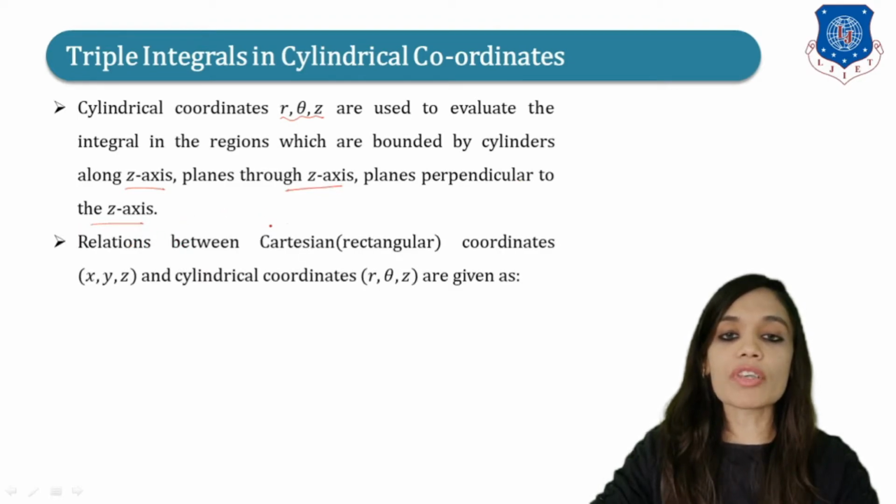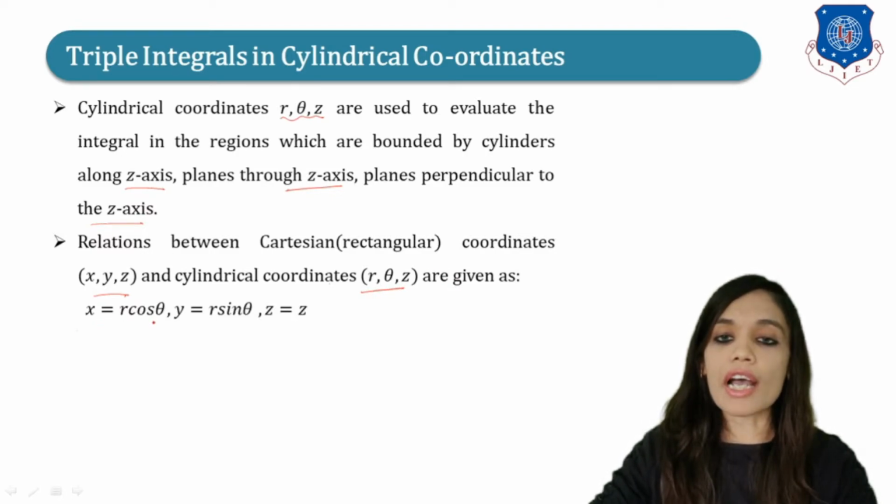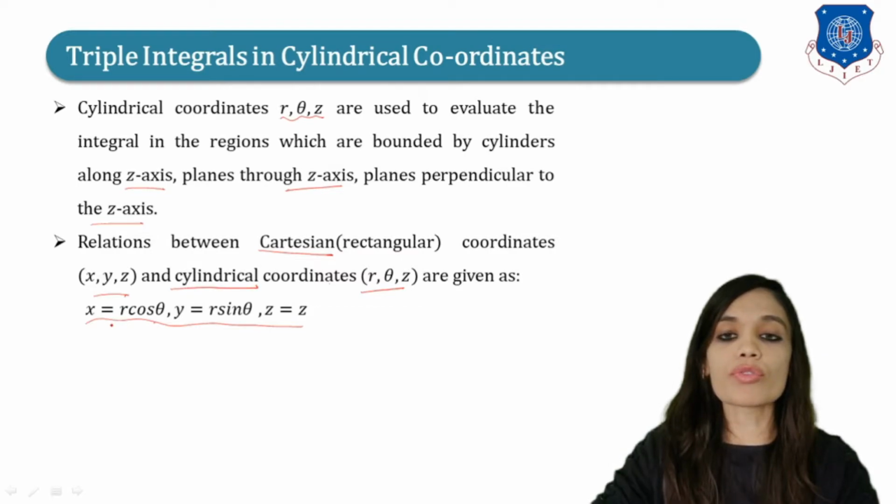The relations between the Cartesian coordinates x, y, z and the cylindrical coordinates r, theta and z are given as x equals r cos theta, y equals r sin theta and z equals z. Whenever you want to convert Cartesian coordinates to cylindrical coordinates, you have to assume x as r cos theta, y as r sin theta and z as z.